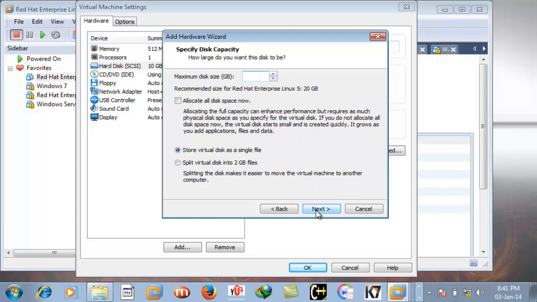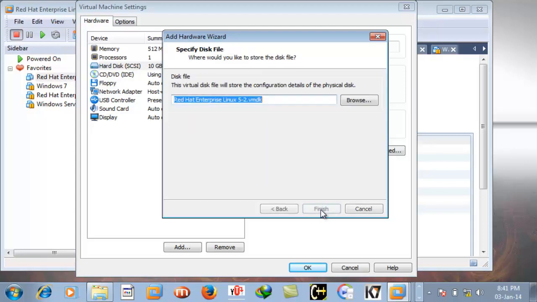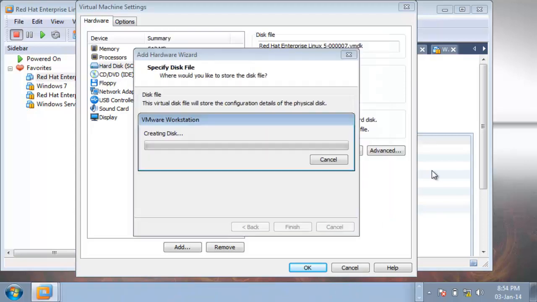Here you will give the size of your hard disk, which is 10 GB. I am taking 10 GB, and here you will click allocate all disk space now, and then click next. After clicking finish, the disk is going to be created, or you can say the second hard disk is being created.